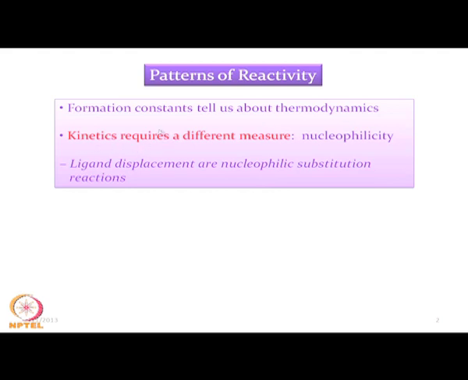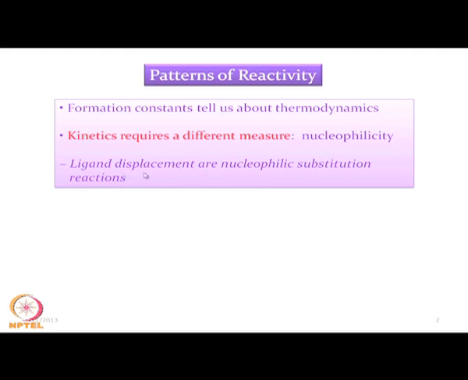But in case of the formation rate, the kinetics for this particular reaction requires different measures, where we consider the nucleophilicity, how the ligand is looking for the metal center, which is the nucleophilic center. So, the nucleophilicity is how we consider the kinetics of the reaction.